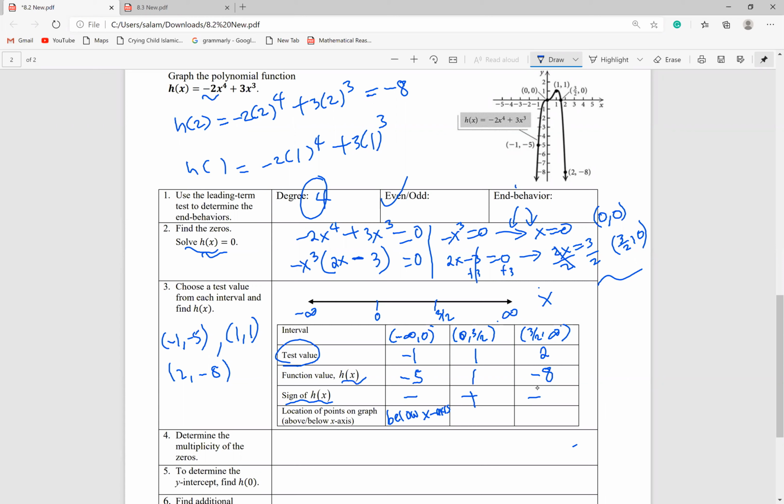Don't forget, below the x-axis is where you have the negative of your y, right? This is your x line, and this is negative y, this is a positive y. So now this is going to be below the x-axis.